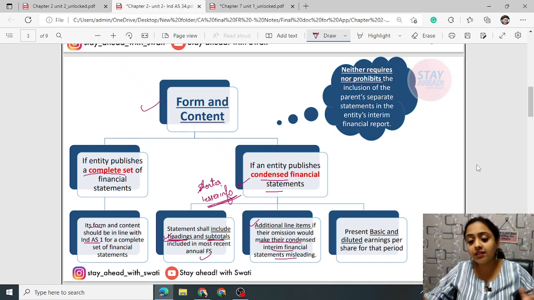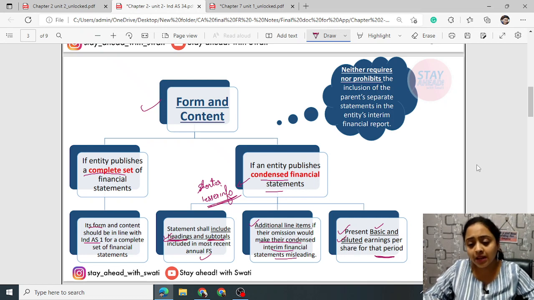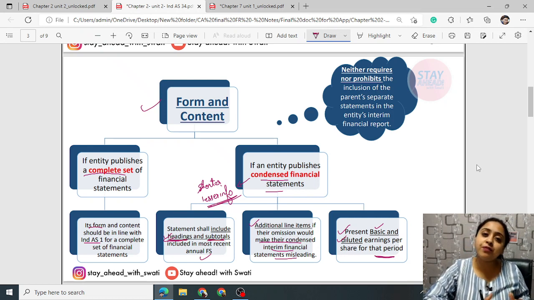Okay. Third, next, the basic: always show the basic and diluted EPS for that period. Okay, you know what basic and diluted EPS are. This will also be considered when you read the Ind AS on earnings per share.